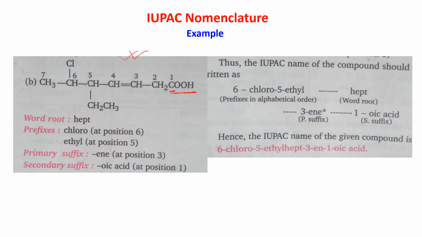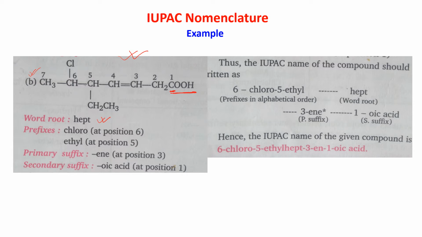Now you have to give the numbering. Now how will the numbering be? 1, 2, 3, 4, 5, 6, 7. Now this is the longest chain. So let me write the IUPAC name of this compound. First is the word root. 7 carbon atoms, so hept. Now prefixes.